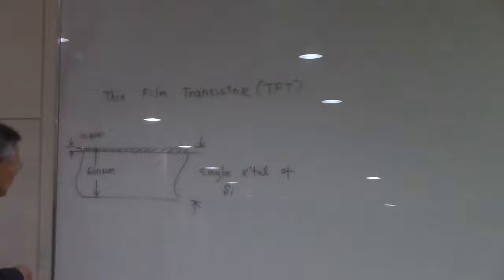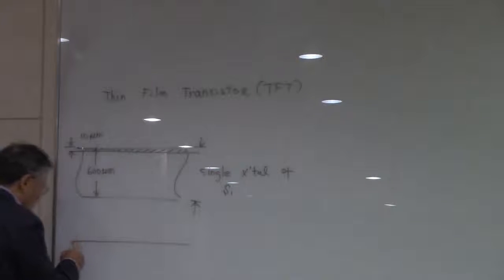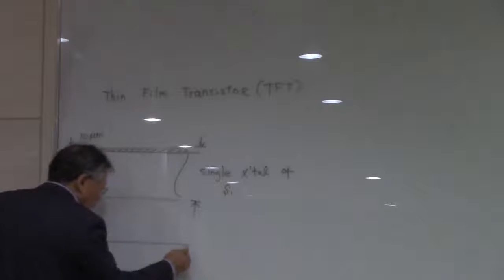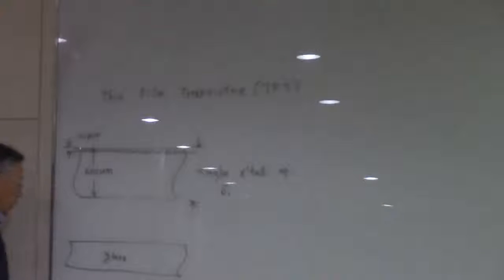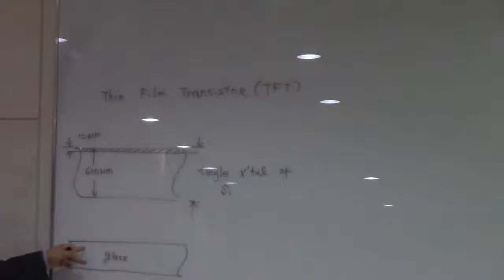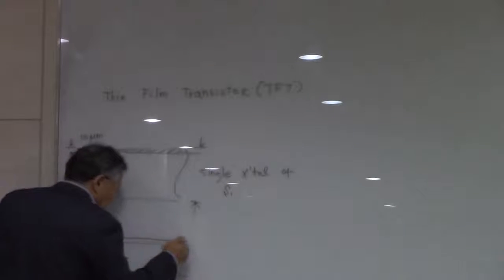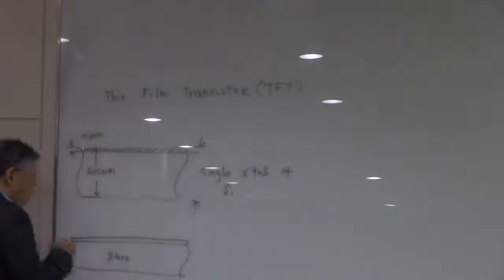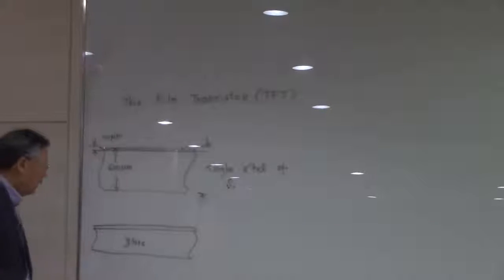In thin film transistor, however, firstly we are going to use a glass. Basically it's a silicon oxide and it's amorphous. And then we deposit the silicon, which is the semiconductor material, for the transistor fabrication.